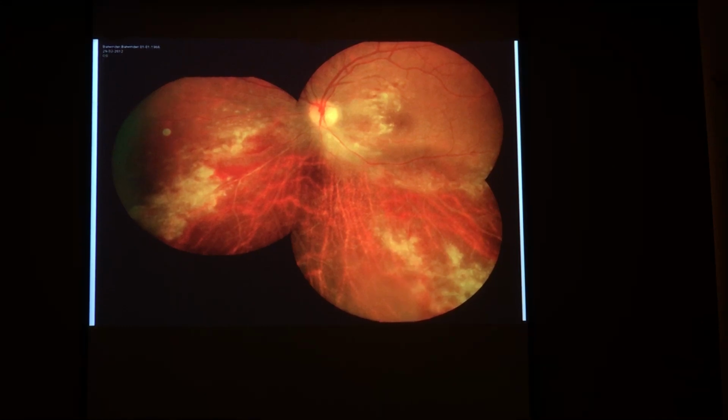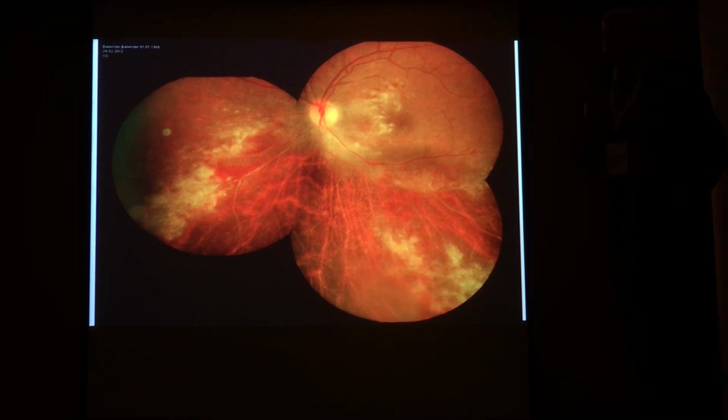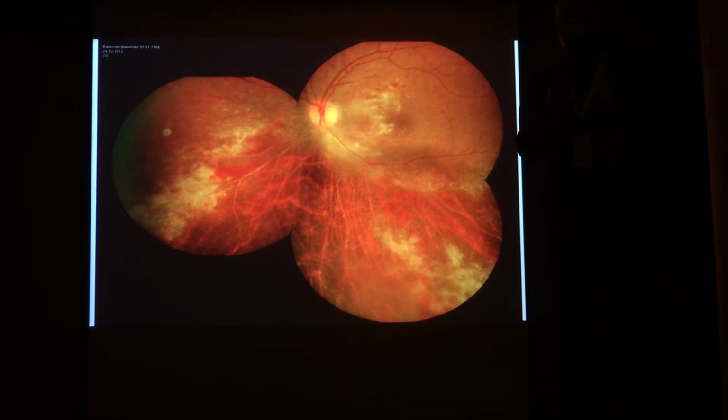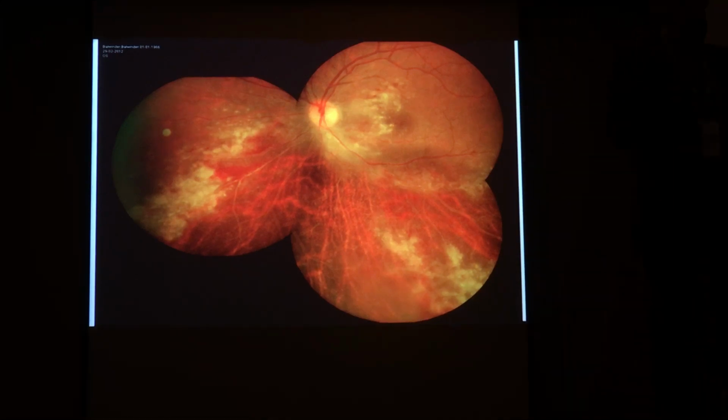Okay, so this is the hallmark of HIV infection, right? What CMV infection might we see in immunocompetent individuals? Anybody from Singapore? Anybody here? CMV anterior uveitis.